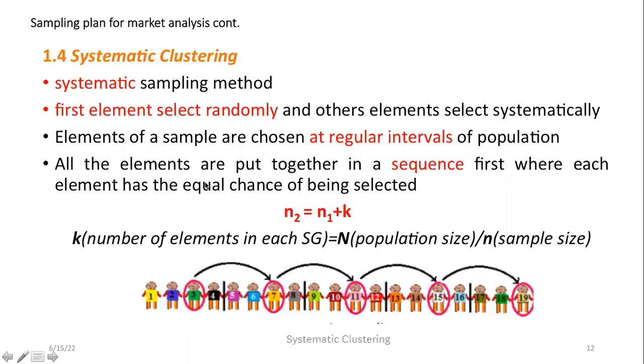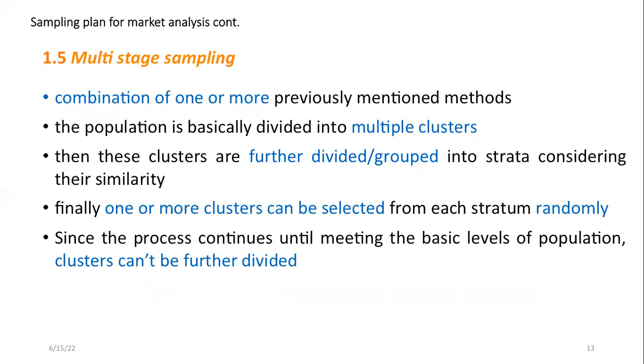So select the first element and count 1, 2, 3, 4, 5, 6, 7, 8, 9, 10, and select this one. Then from this one, 1, 2, 3. Likewise you can select the sample systematically, but you select the first sample randomly. We use this method a lot in sports, and you will have experience of it. This is the systematic sampling method.